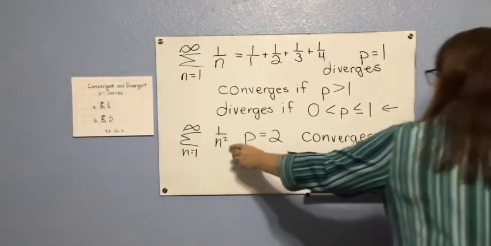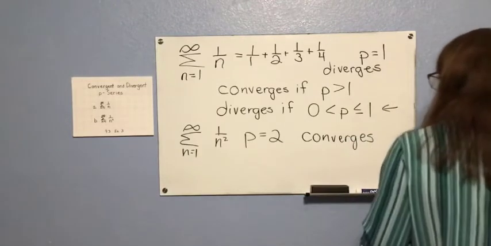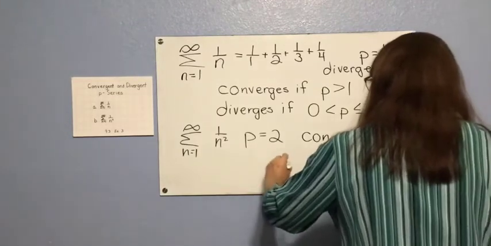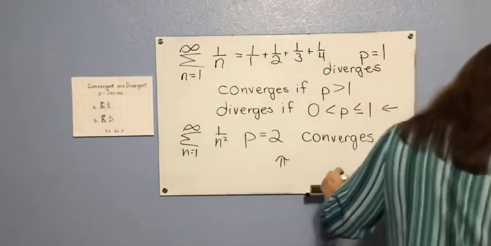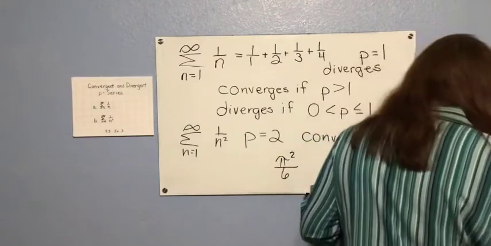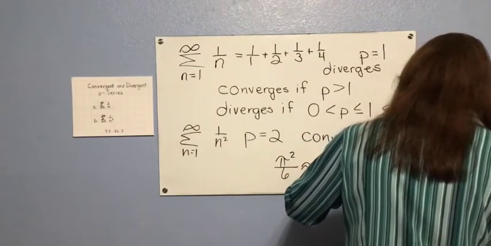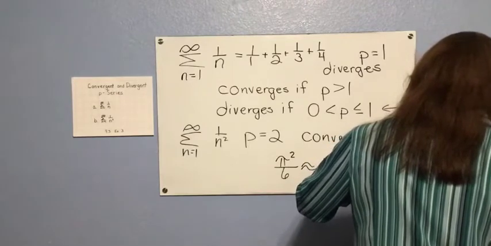If we were to write out this sum, we would find that the sum is equal to pi squared over 6, which is approximately 1.645.